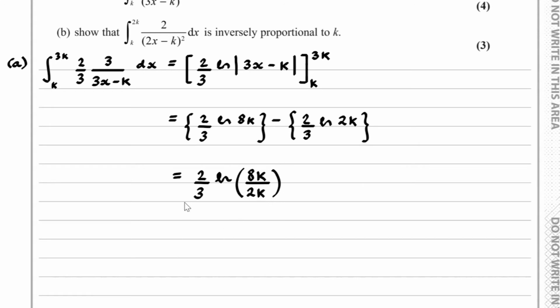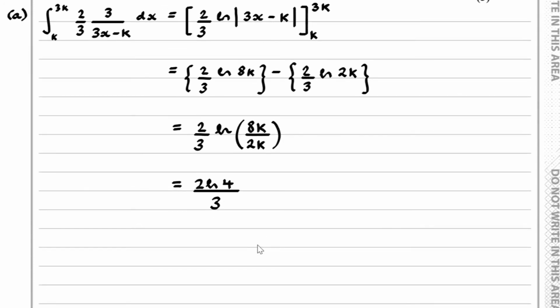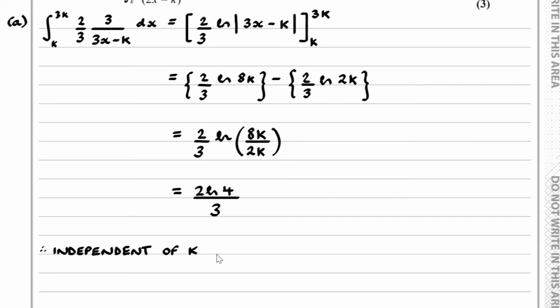The k's cancel on the top and bottom, and 8 divided by 2 is 4. And so therefore we end up with 2 times the natural log of 4 divided by 3. And because the result over here does not involve k, we have something which is independent of k.